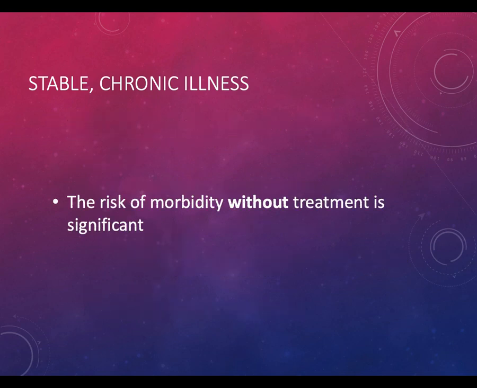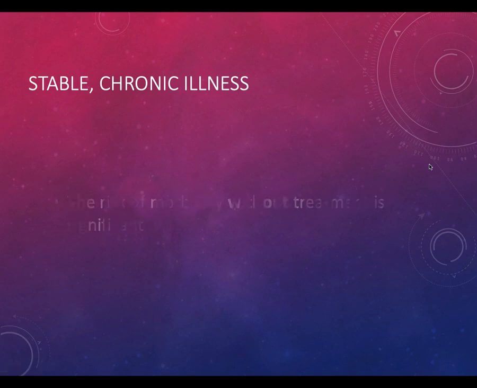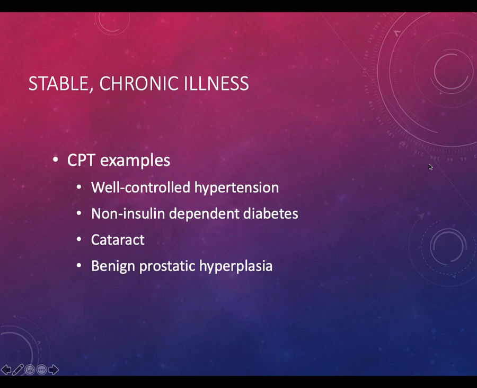In addition to all of this, a patient with a stable chronic problem must have a significant risk of morbidity without treatment. CPT examples of stable chronic illness are, assuming minimal or no symptoms or side effects, well-controlled hypertension, non-insulin dependent diabetes, cataract, and benign prostatic hyperplasia.